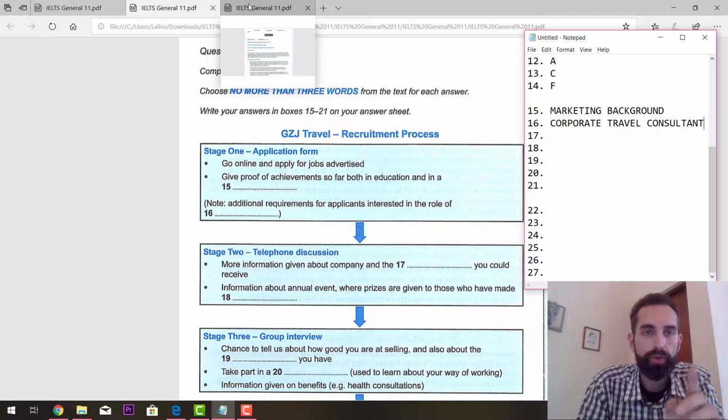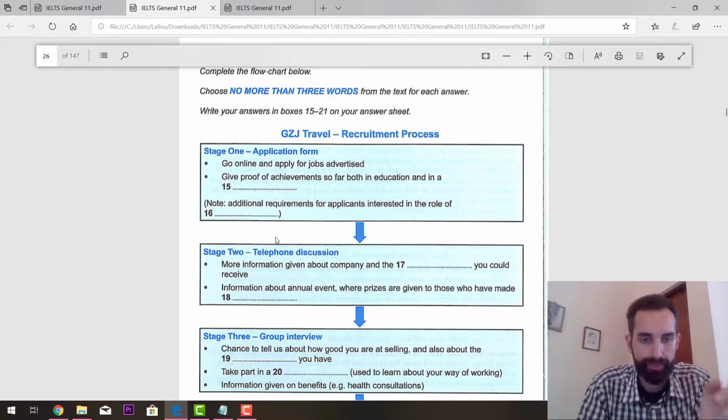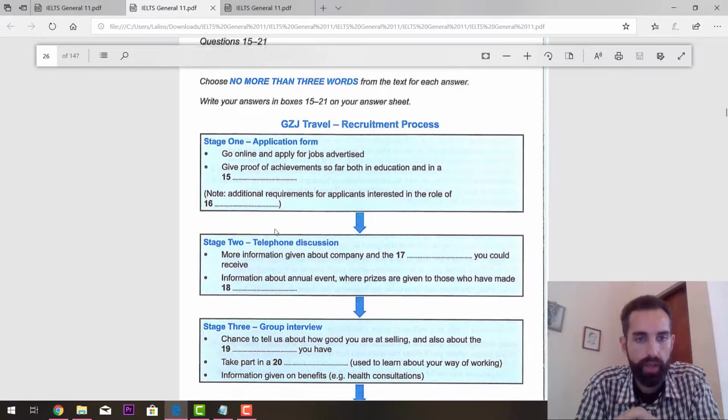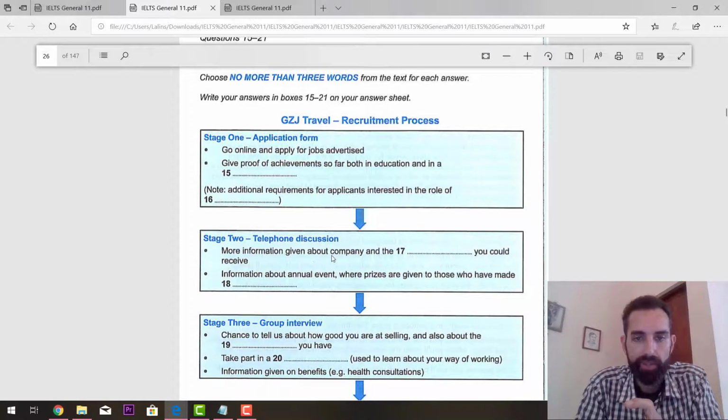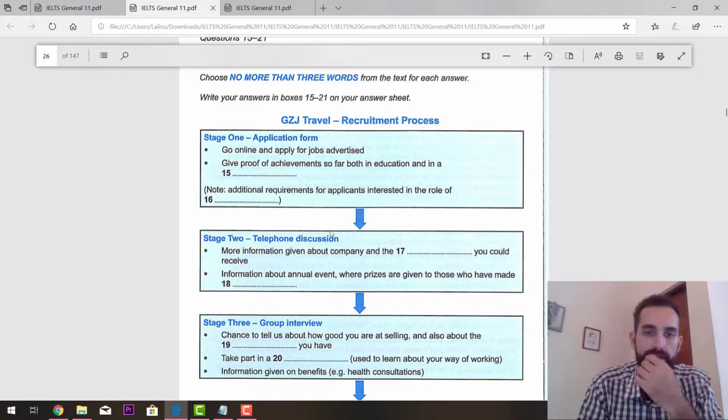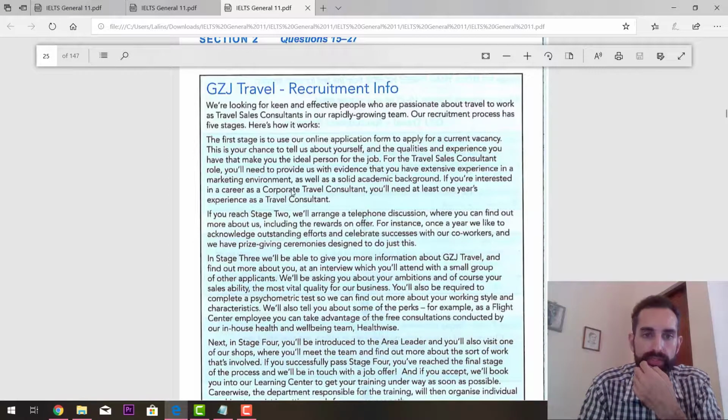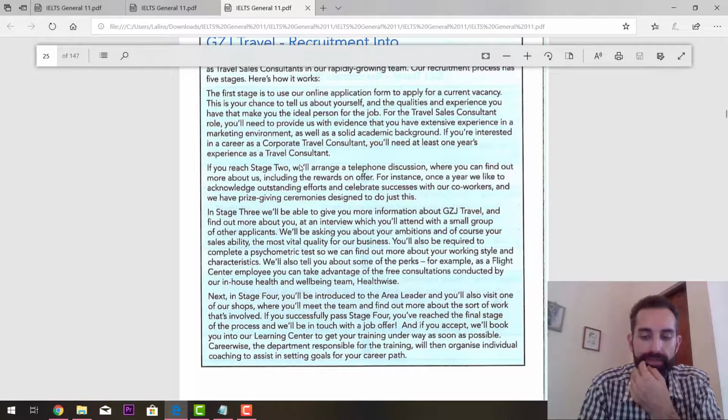So now we will go to stage 2. And here we'll be looking for more information given about the company and the blank you could receive, and the information about an annual event where prizes are given to those who have made blank. Okay, so now we go to the second paragraph.